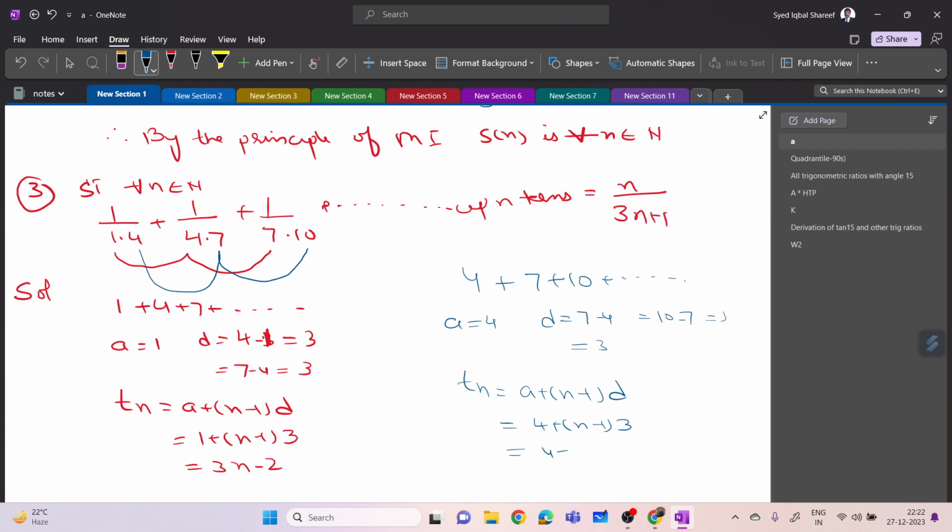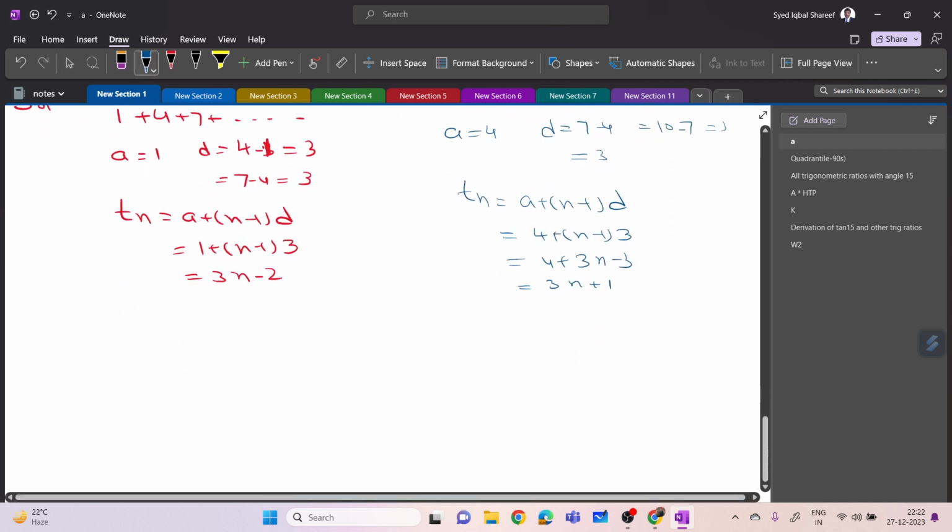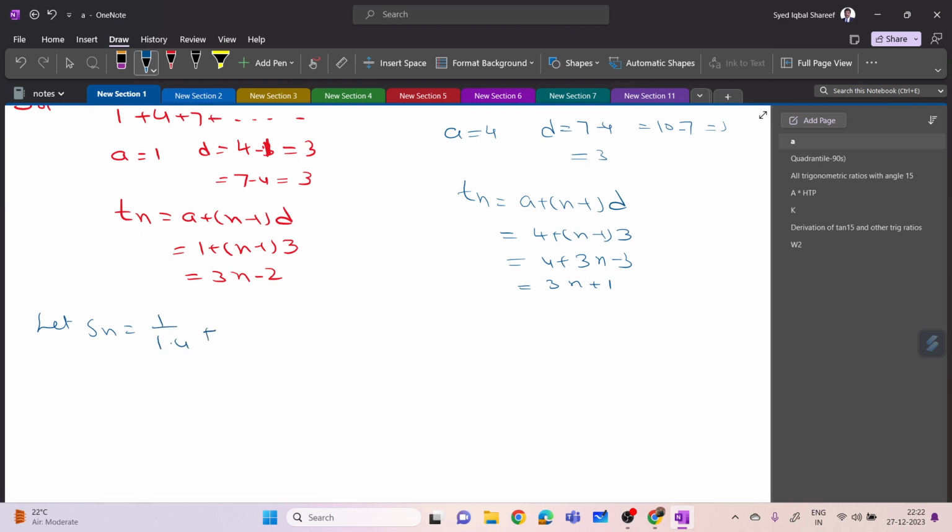So this is 4 plus 3n minus 3, or 3n plus 1. Therefore, the n-th term: Sn equals 1 by 1 times 4, 4 times 7, and so on. So what is our n-th term? 3n minus 2 times 3n plus 1, equal to n by 3n plus 1.